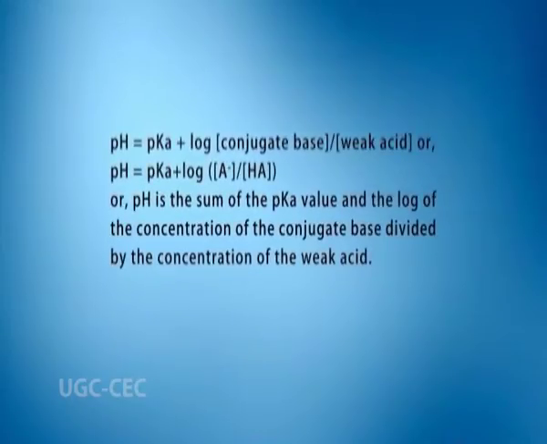That is, pH is equal to pKa plus log of conjugate base by weak acid, or pH = pKa + log([A-]/[HA]), or pH is the sum of the pKa value and the log of the concentration of the conjugate base divided by the concentration of the weak acid.